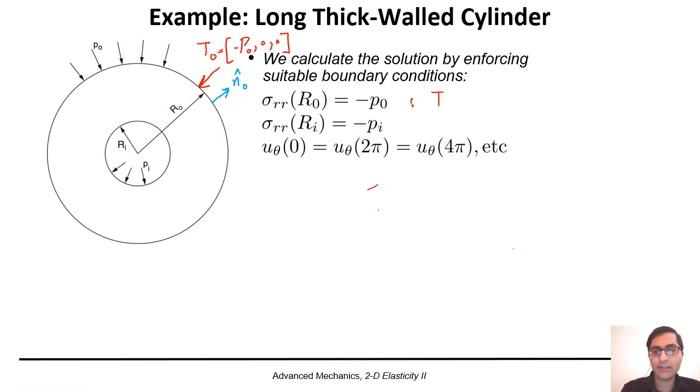So basically the traction is in the opposite direction of the radius, but the normal vector is in the direction of the radius.